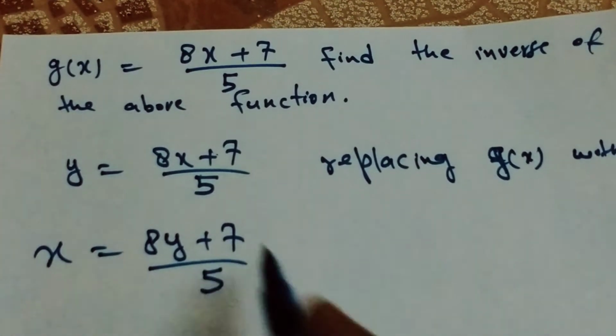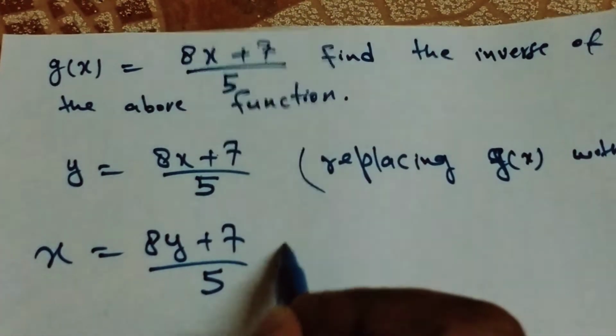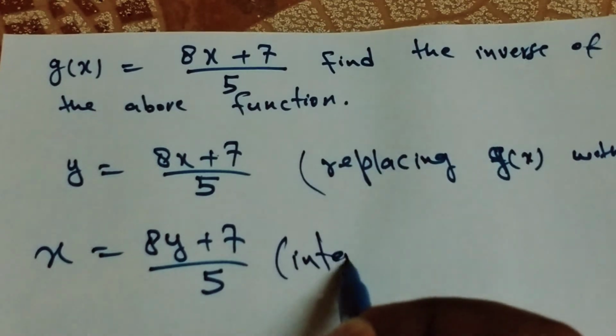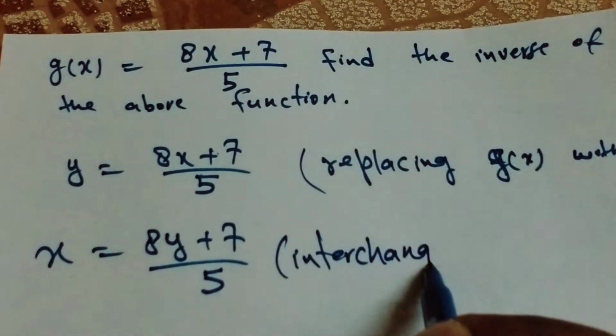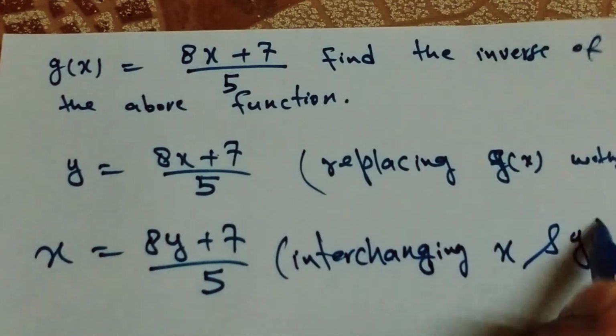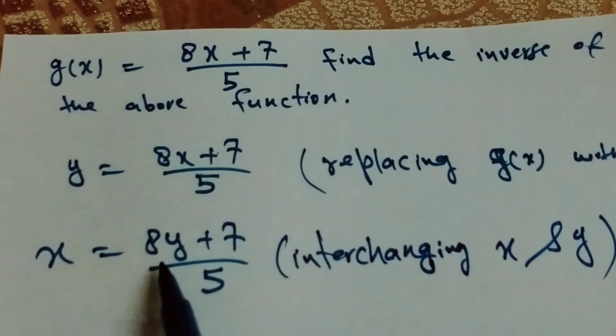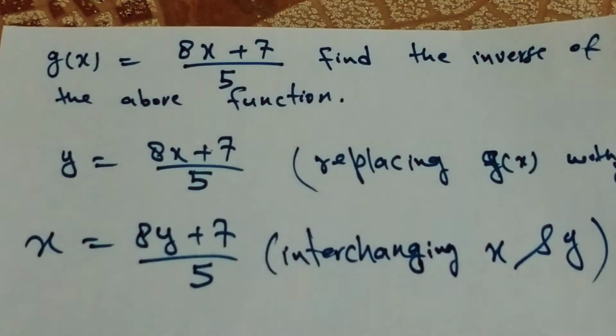I'm writing here the points for you to understand. Interchanging x and y. X we changed with y. At the place of x we wrote y. At the place of y we wrote x.